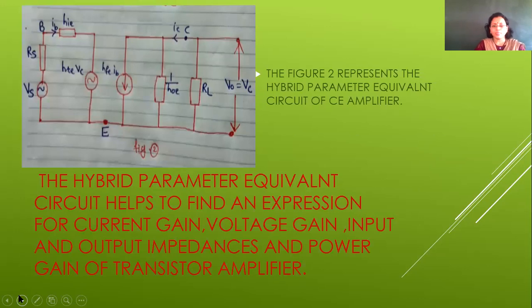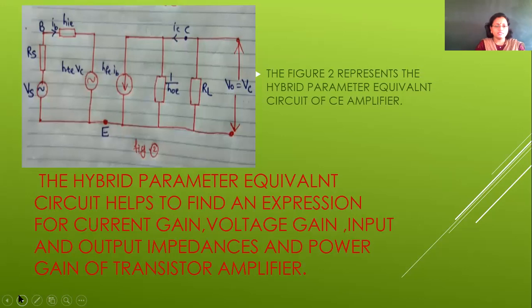Then figure 2 represents the hybrid parameter equivalent circuit of the CE amplifier. The hybrid parameter equivalent circuit helps to find an expression for current gain, voltage gain, input and output impedances and power gain of the transistor amplifier. Here we see the common emitter configuration.